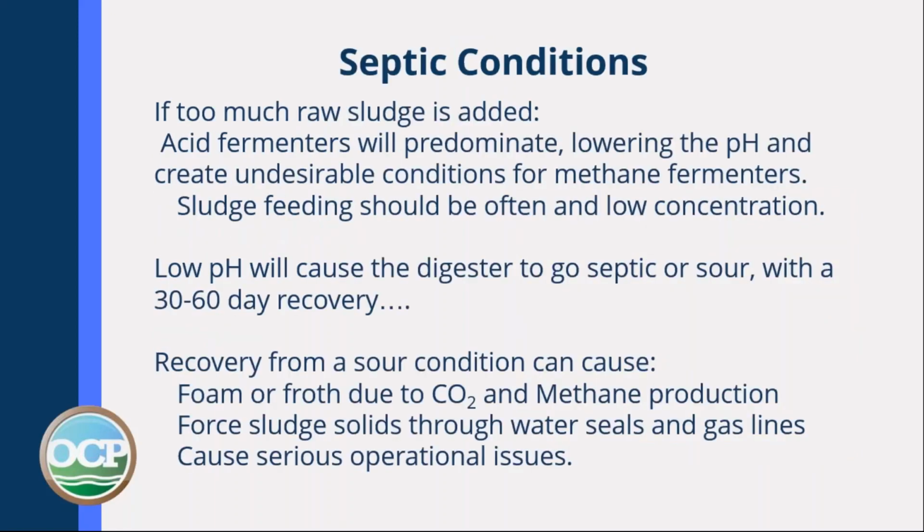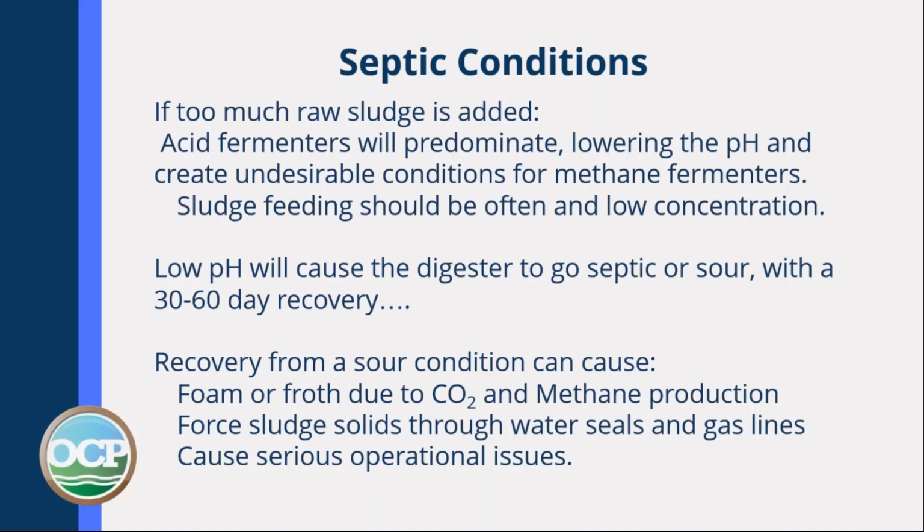Septic conditions can occur if you add too much raw sludge. If you add too much, the acid fermenters will predominate, lowering the pH and creating undesirable conditions for the methane fermenters. Sludge feeding should be often and in low concentrations.